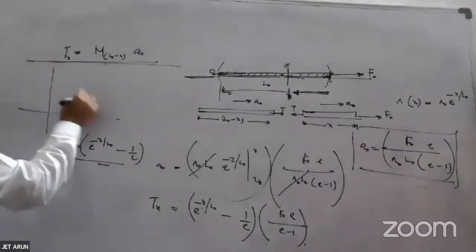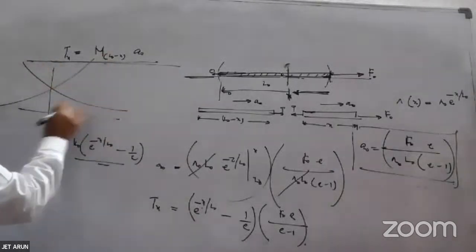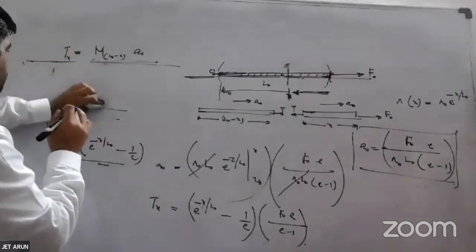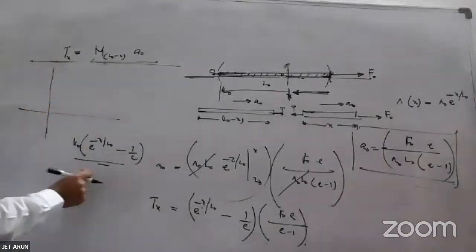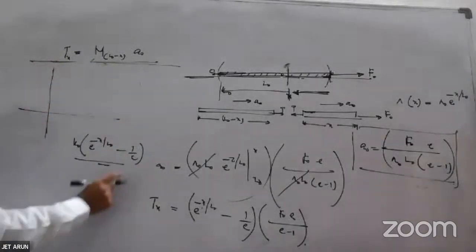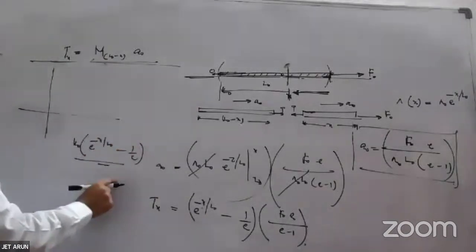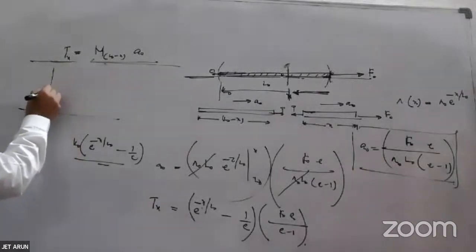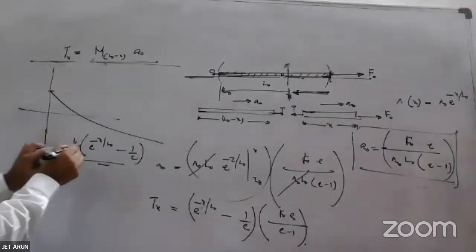So e power minus x is this way, e power x is this way, e power minus x is this way. This is e power x. So I pull it down with some constant. I know the function e power minus x. I pull it down with some constant, which is 1 by e into k naught. This is how the function graph goes.